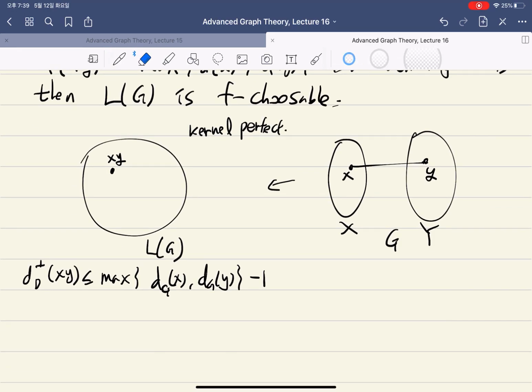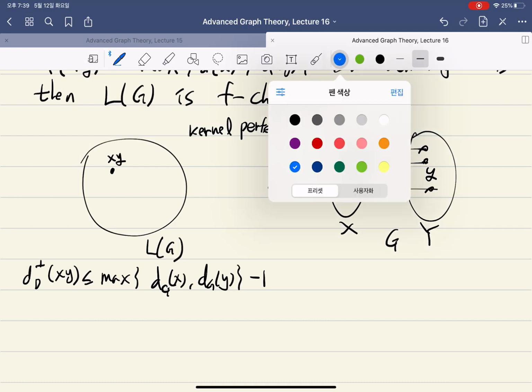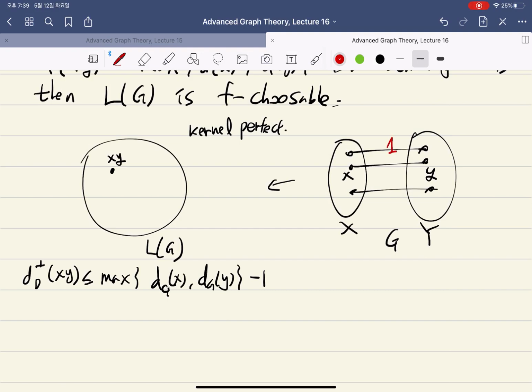So in order to get the kernel perfect orientation, we want to use the approach from before. If there are several edges, then we give some proper edge coloring, and then that proper edge coloring C produces the orientation D_C as defined before.